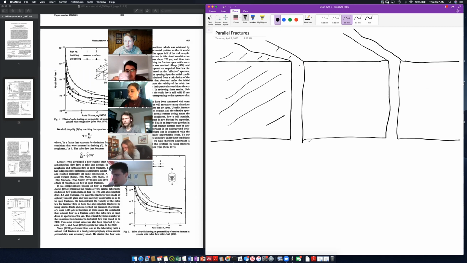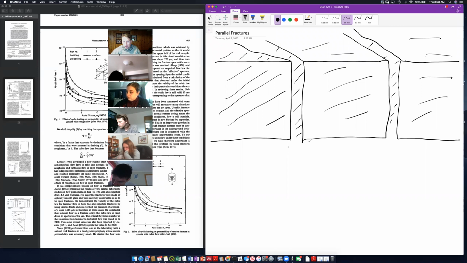And okay, so I have these two parallel sets of fractures. And we're going to say they're regular.